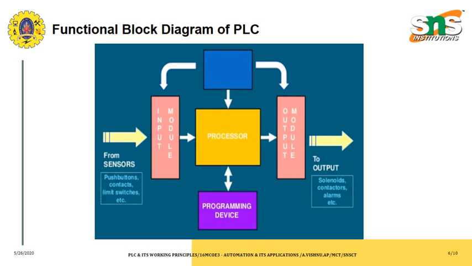Then this processor provides output to solenoids, contactors, alarms, motors, and similar devices to provide an accurate output based on the logic programmed by the programmer, which is retrieved from the programming device memory.